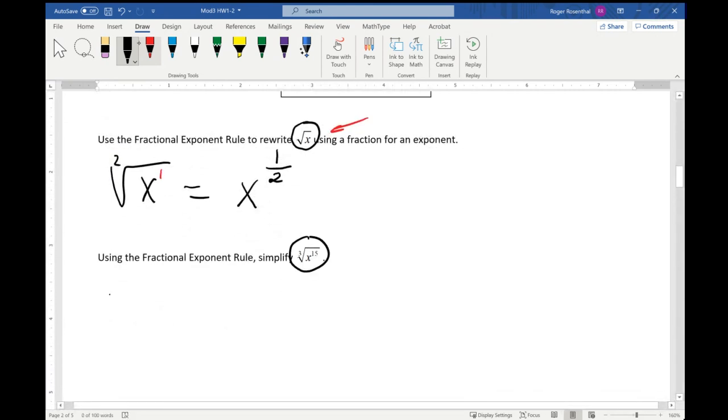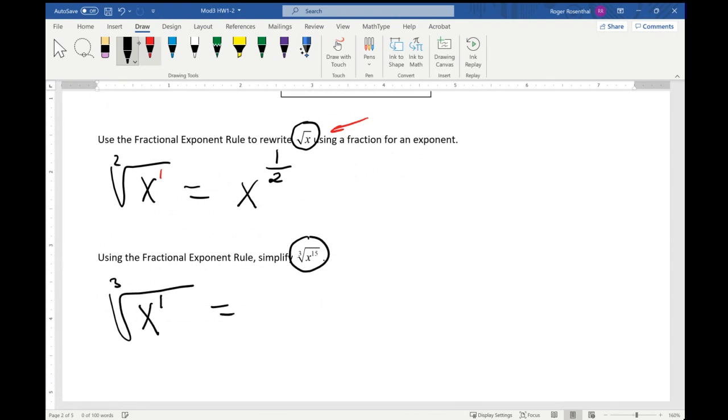Okay, now we're going to simplify the third root of x to the 15. The way I'm going to simplify that is I'm first going to turn that into something to a fractional power. Remember, the denominator is going to come from the index, and the numerator is going to come from the power here. So the third root of x to the 15th is the same as saying x to the 15 thirds, but I'm not done yet. 15 thirds reduces to 5, and so the answer is x to the 5th.